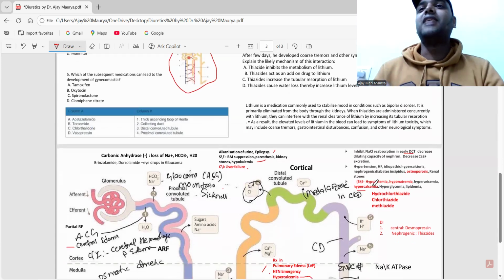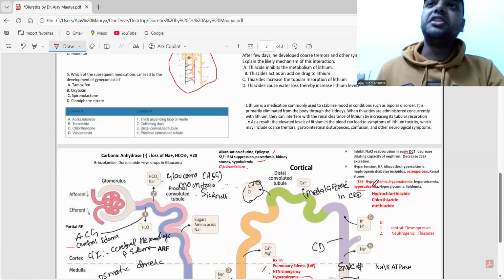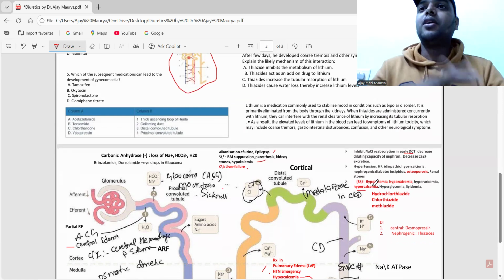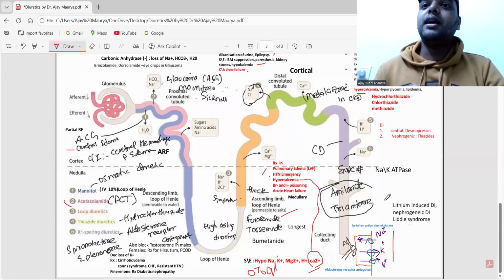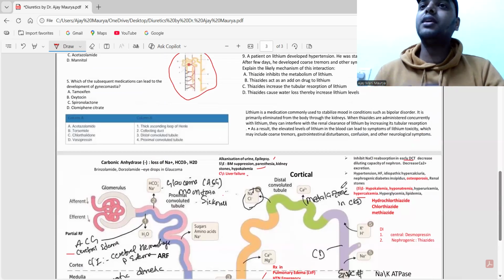That's why thiazides are used in the treatment of osteoporosis. Got it? Now it also causes hyperuricemia. Loop diuretics also cause hyperuricemia, but more with the thiazides.